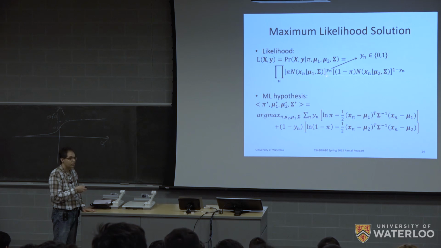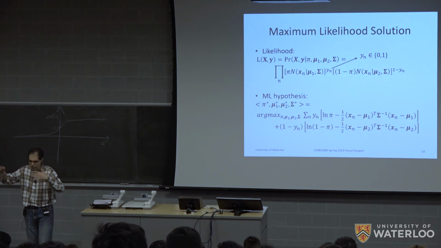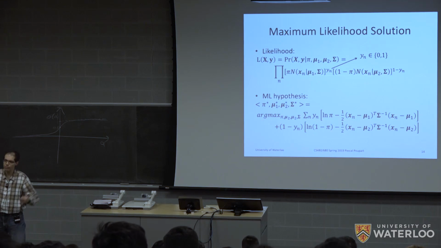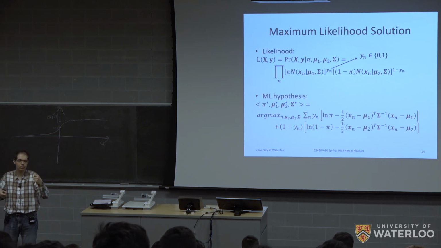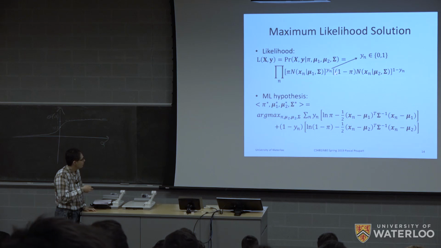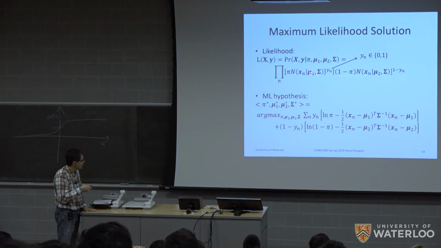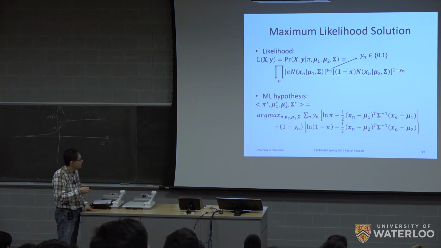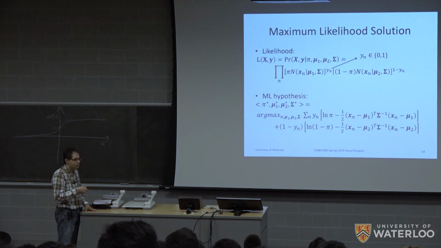Here, just for convenience, even though I've got classes 1 and 2, I'm going to label those classes with 0 and 1 so that I can use an exponent where whenever y is equal to 1, then that term is active, and whenever y is equal to 0, then this disappears. It's as if it wasn't present. And same thing here: if it's 0, then this term will be present, and if y is 1, then this term disappears.